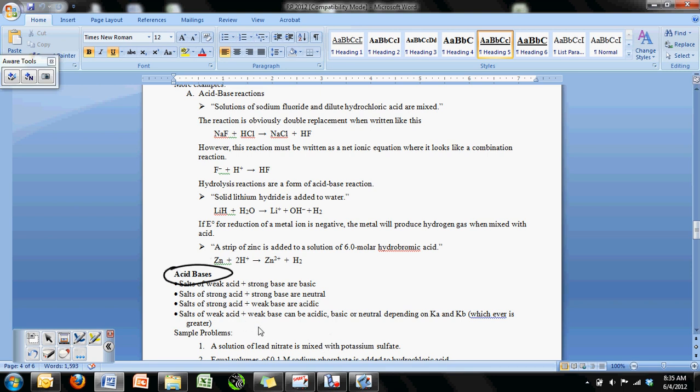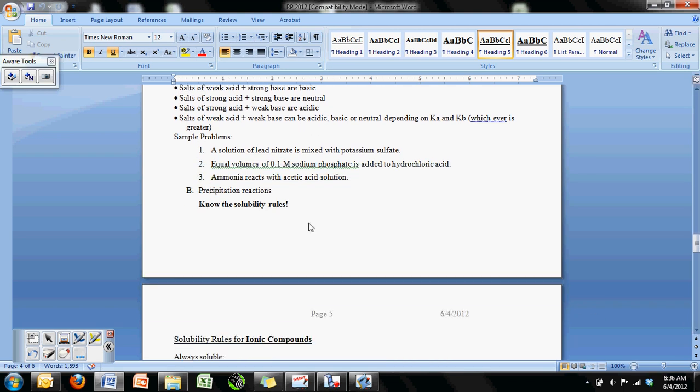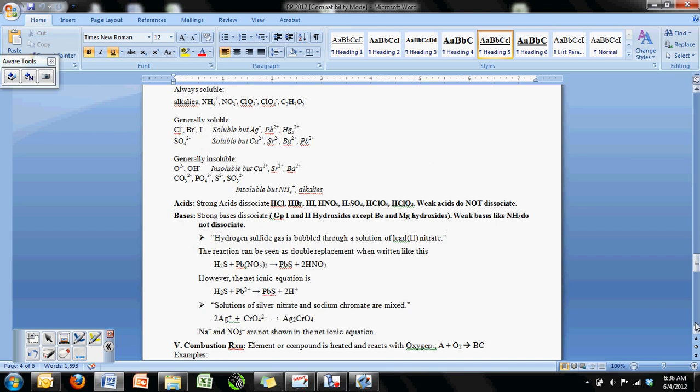These are some of the pointers that tell you what might be the pH of a solution which has salt of weak acid and you add strong base to that, does it make acidic or basic solution? This is just information for you. It doesn't have direct application in reaction prediction. But in reaction prediction, you must know your solubility rules to be able to write double replacement reactions. And you must remember your strong acids and weak acids and strong bases and weak bases.